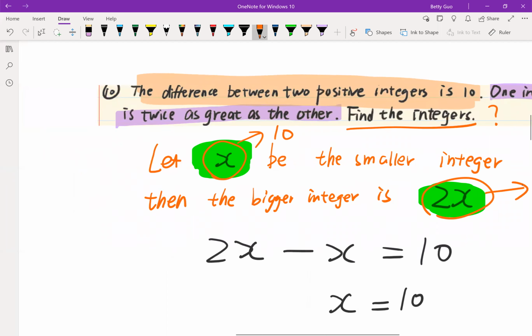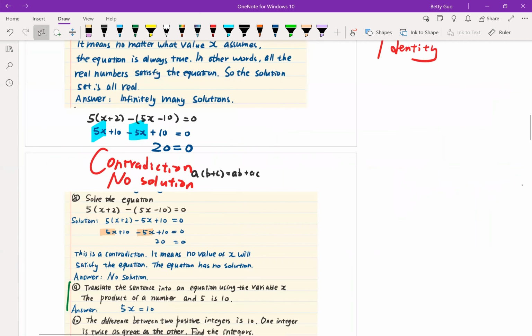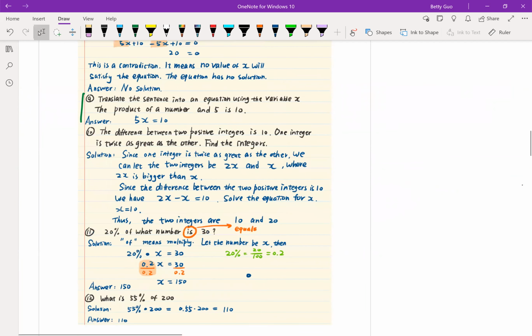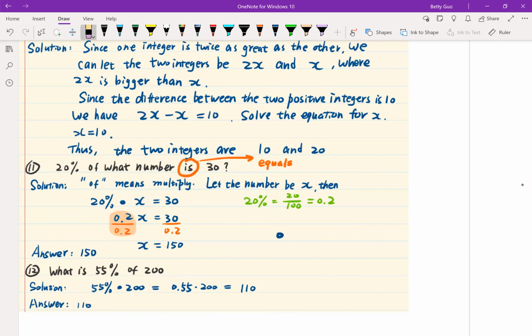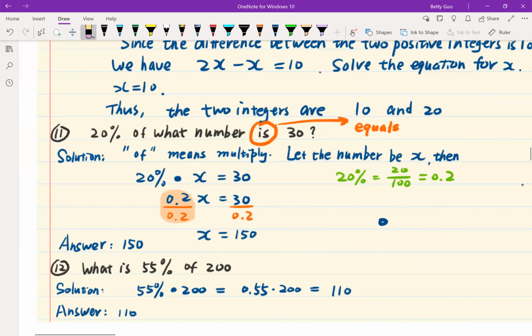Let's continue with number 11. Number 11 is also an application problem.